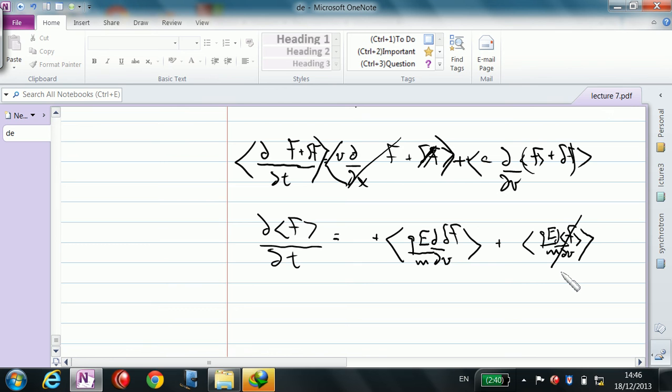Now here, delta F is a function of V, but since I'm averaging over space and time, I can take this V out.